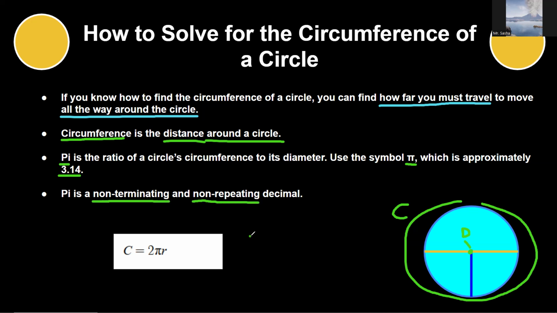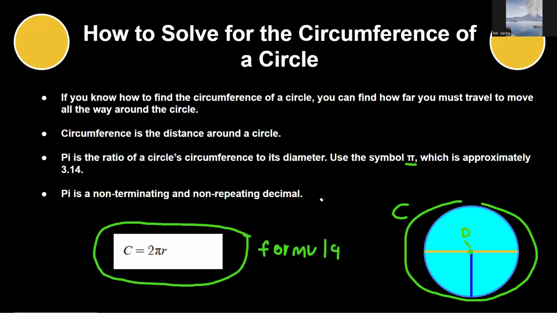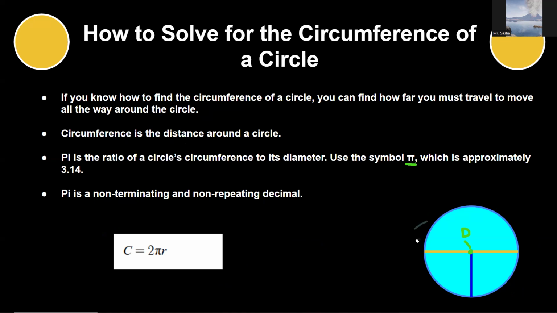Pi is a non-terminating and non-repeating decimal. And of course, remember, you have the formula right here. This is the formula for the circumference of a circle. Now, I also forgot to tell you about the radius. The radius is basically half the diameter.